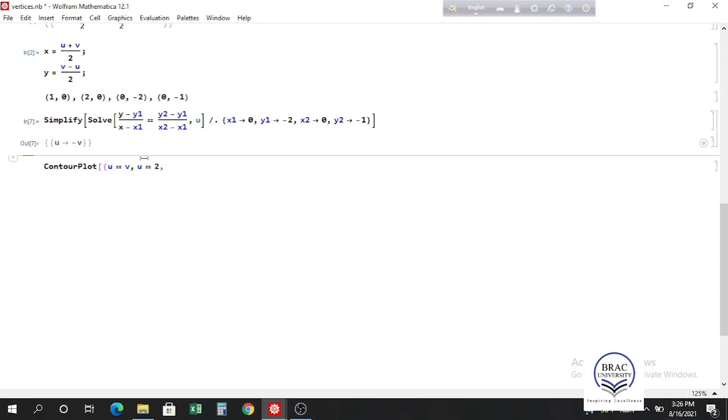So u equals minus v. And lastly, we'll have to connect 0 minus 1 with 1 0. So u equals 1.